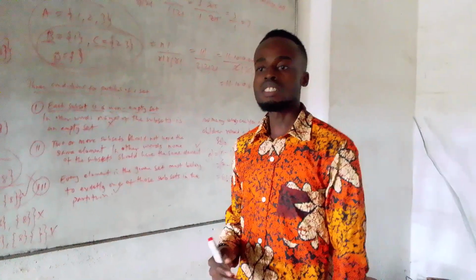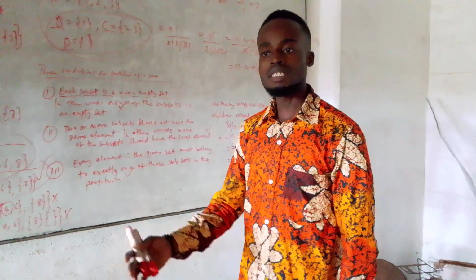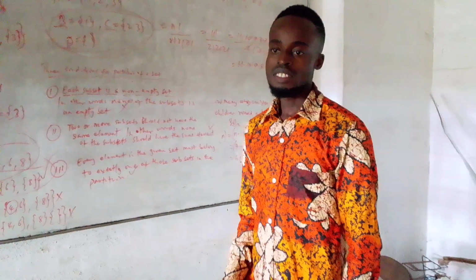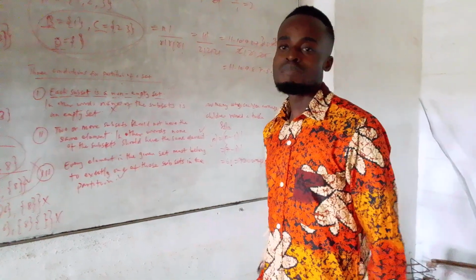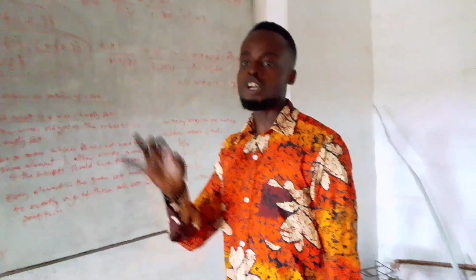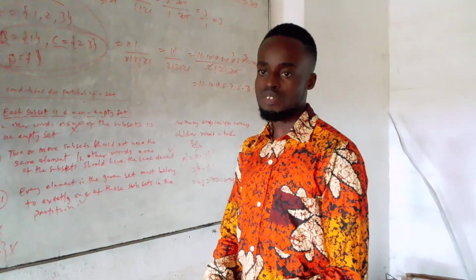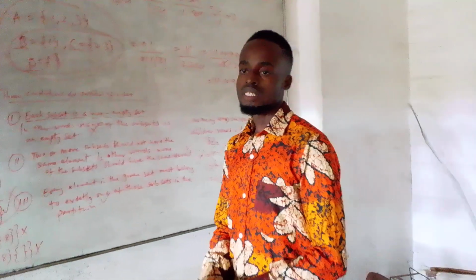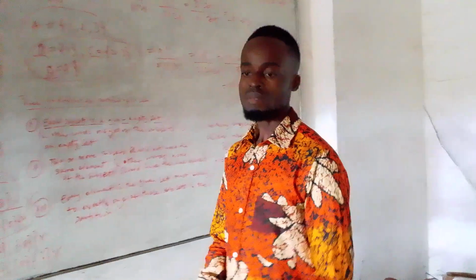Two sets are said to be disjoint when they have no elements in common. So these are the 3 conditions by which we can say that the partition of a set is correct. So when these 3 conditions are satisfied, then we say that the partition of a set is correct. Alright.